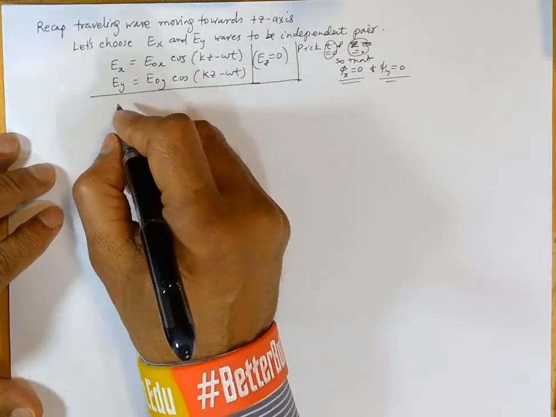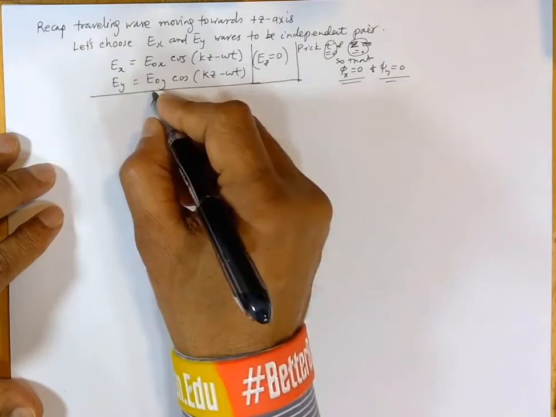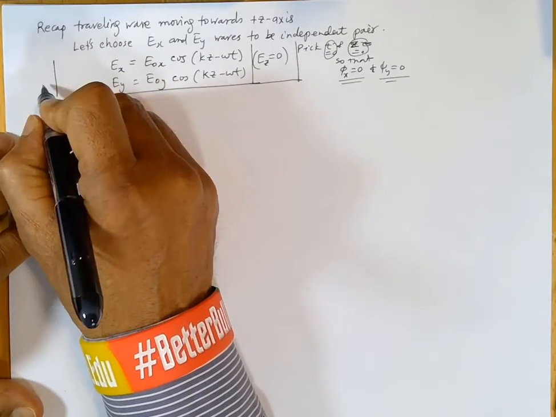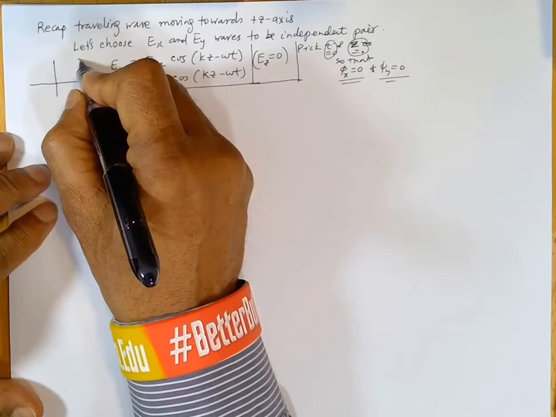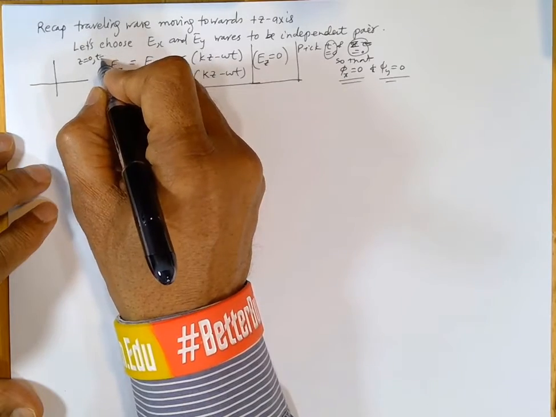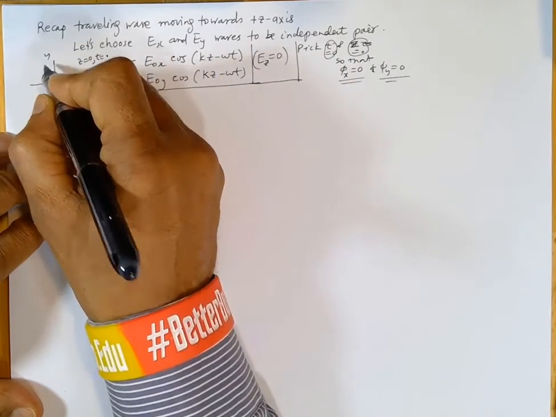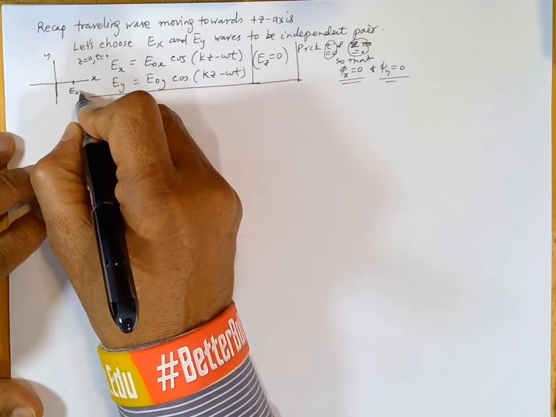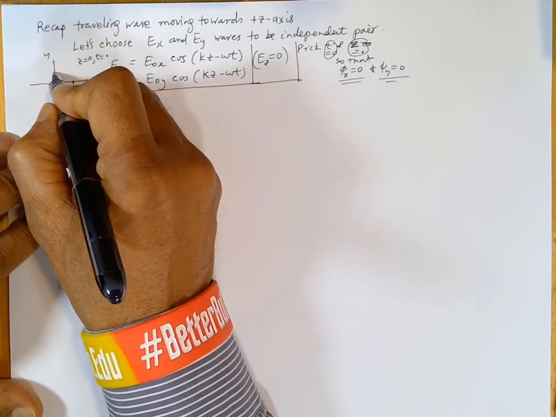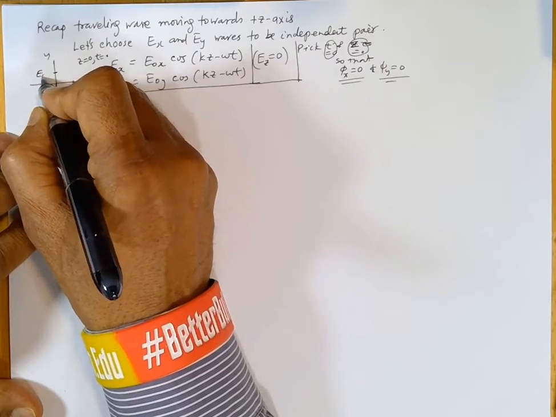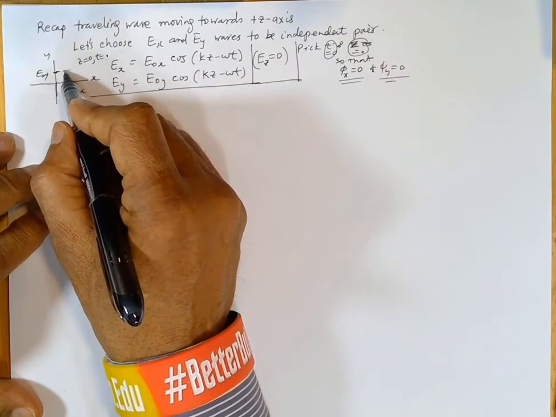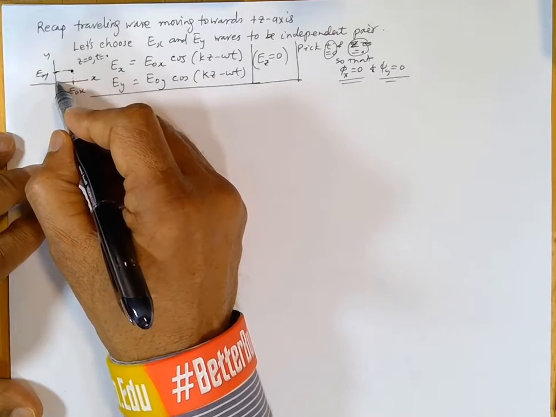Okay. So that's the electric field. If I look at z equal to 0, t equal to 0 in the xy plane, it's got E0x and E0y. If you set all this, that vector will be that way.